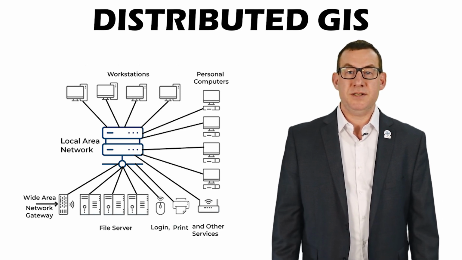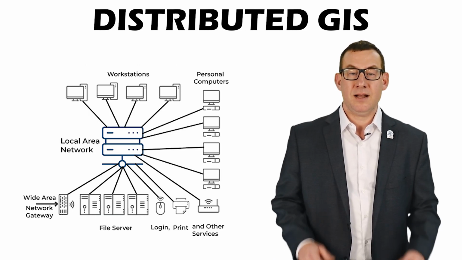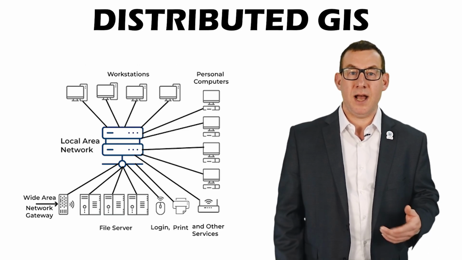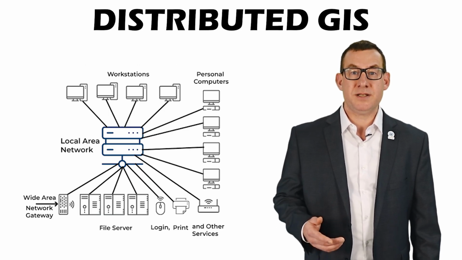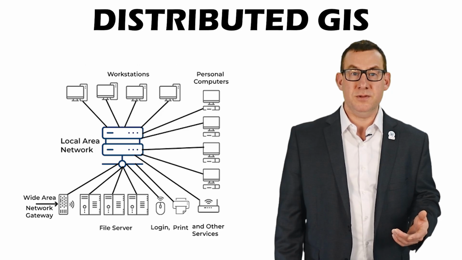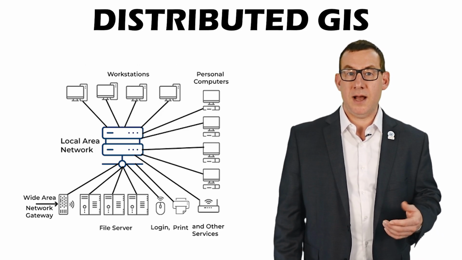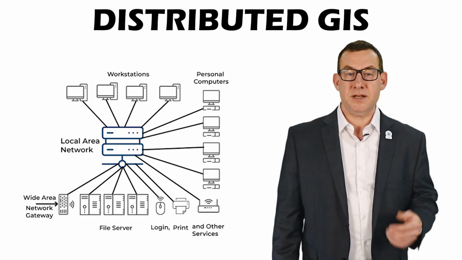This enables modern GIS capabilities, such as Web GIS, Cloud GIS, Mobile GIS, and real-time sensor networks. Distributed GIS supports multi-office operations, remote field crews, cloud-hosted services, scalable web maps, real-time data feeds, and big data spatial analysis.